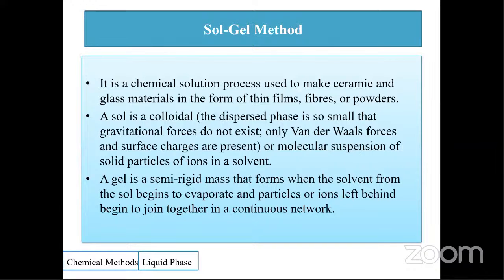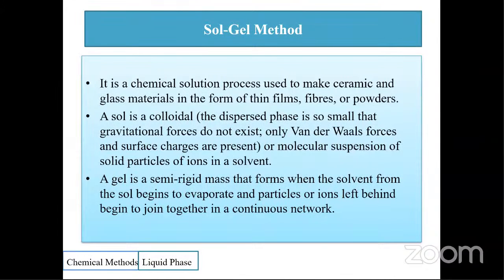Then the sol-gel method is another chemical route, a wet process. It is a chemical solution process which is used to make ceramic and glass materials in the form of thin films, fibers or powders. There are 2 names, one is sol and the other is gel.